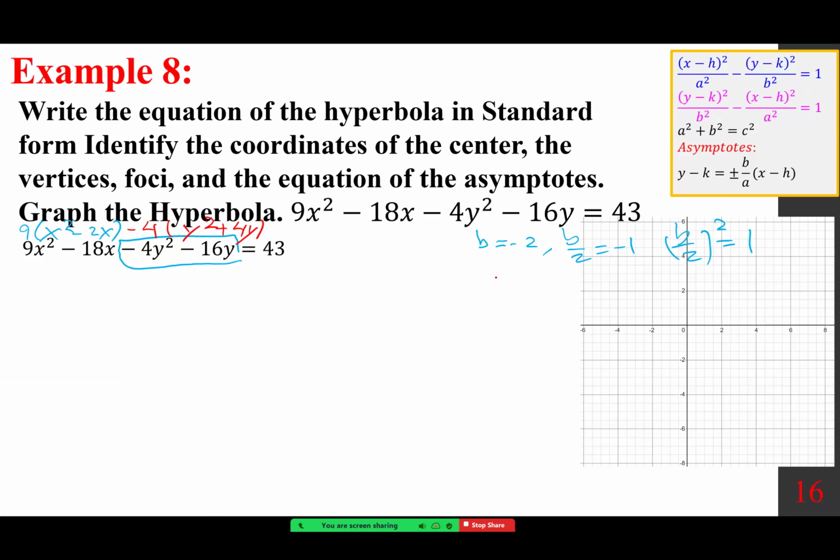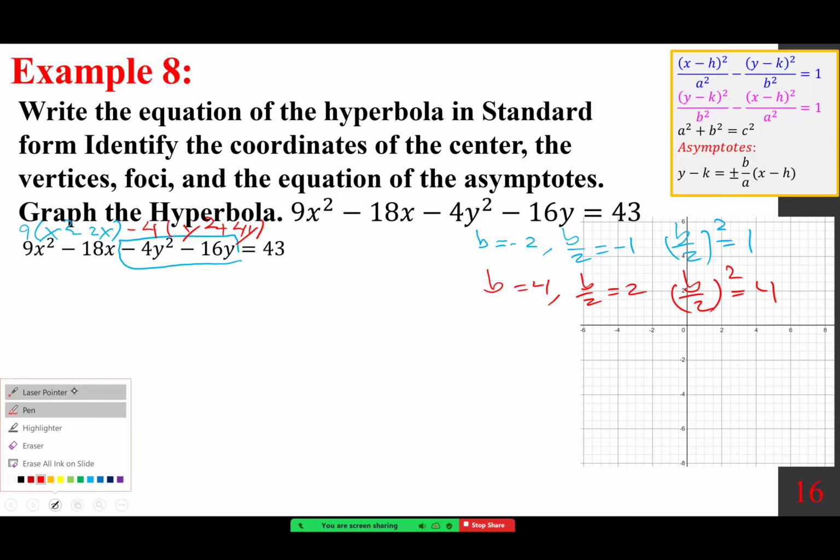For the red one, b is 4. Divided by 2, you get 2. Square it, you get 4. That means we need to add 1 for this one, which means you're adding 9 times 1, and you add it to both sides.